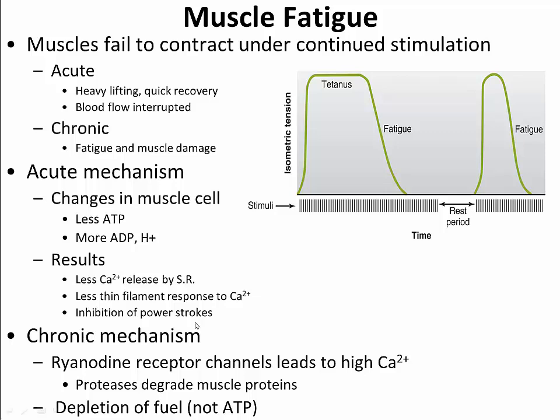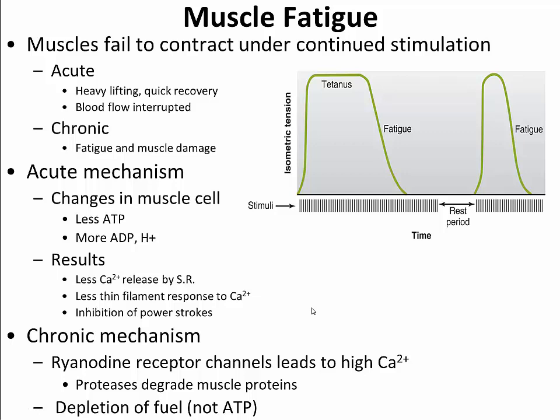We interestingly have less thin filament response to calcium. Even if we have calcium, the troponin molecules of the thin filaments are less able to respond to that calcium. Interestingly, eventually we have inhibition of power strokes of myosin. All these are observed in acute fatigue, eventually resulting in lessened ability of the muscle to contract.